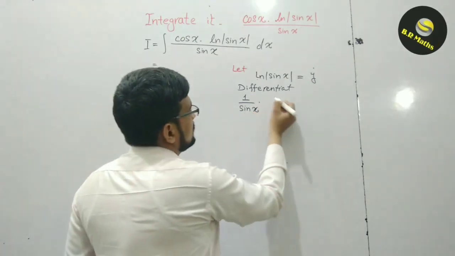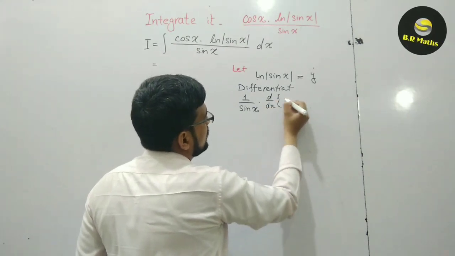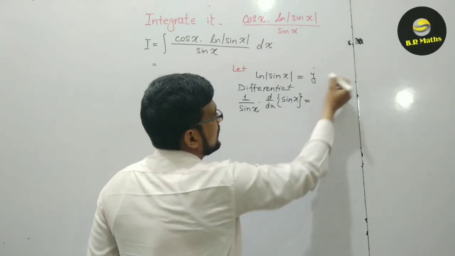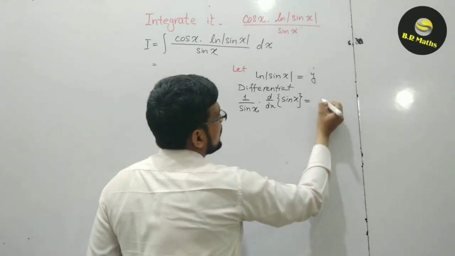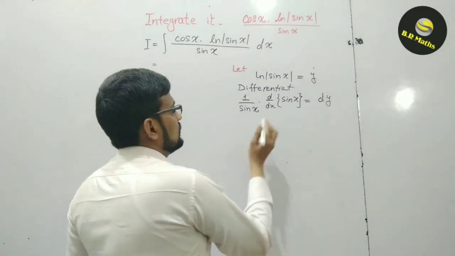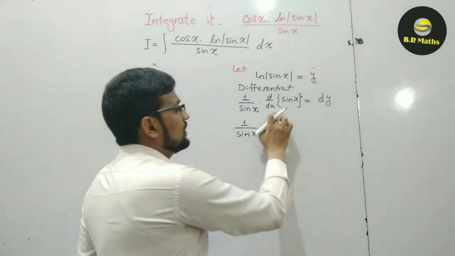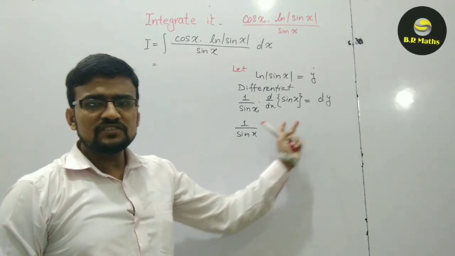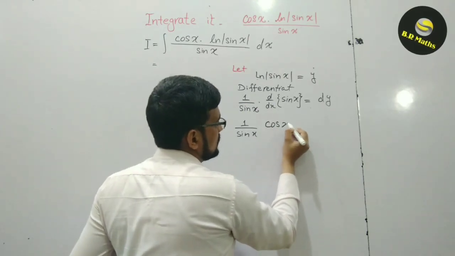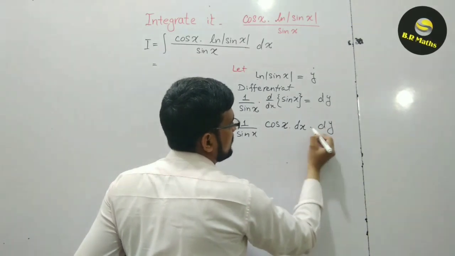Okay, and the derivative of the function sin x. Similarly, y becomes dy. Again 1 over x, as it is 1 over sin x, and the derivative of sine becomes cos x dx, and here dy.